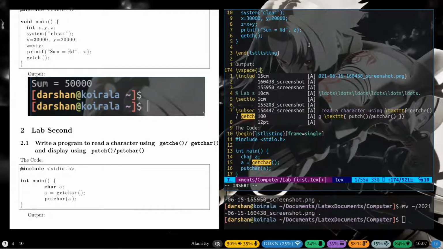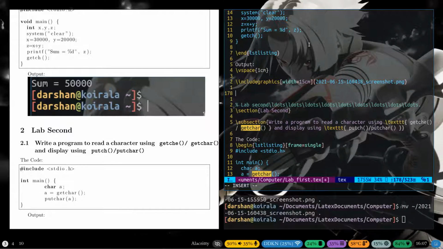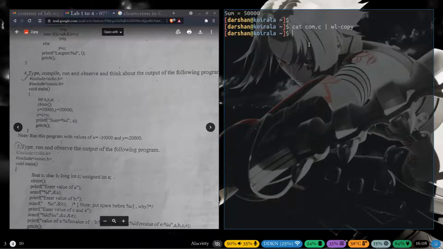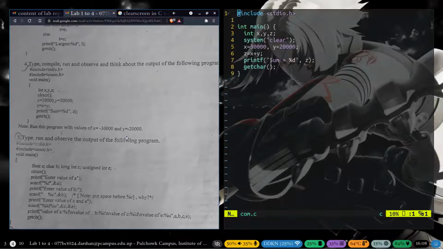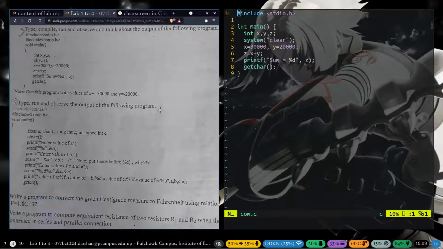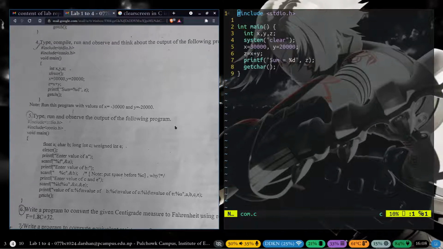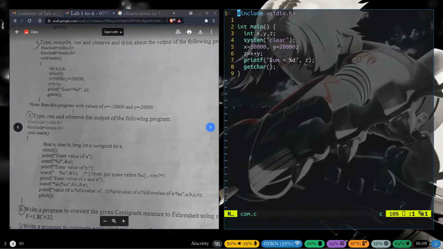Space 1 centimeter. Okay, now again, another one. I have to copy this thing. Vim, type. Oh man, the thing that I forgot is this one.